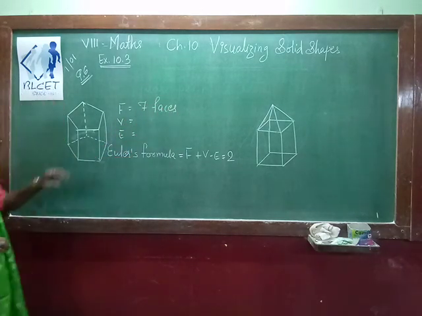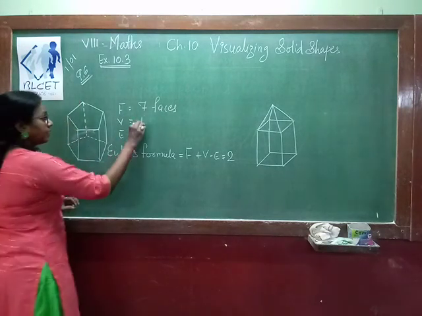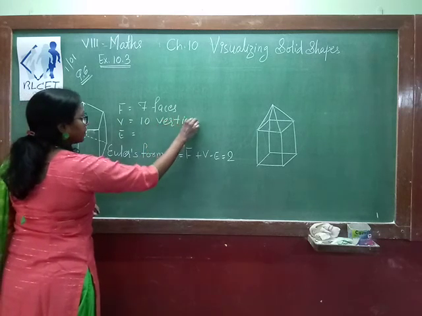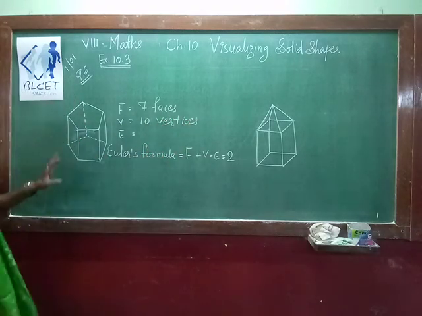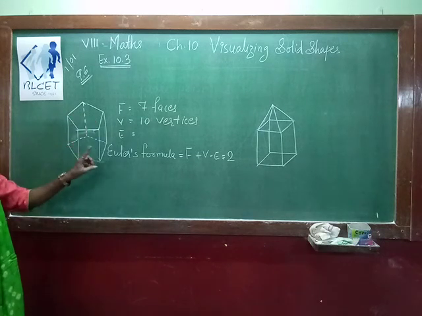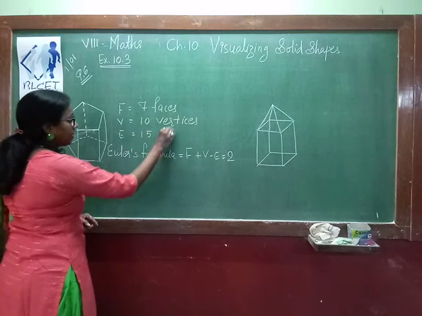How many vertices? 5 upside, 5 downside. So it is 10 vertices. Now how many edges? 5 on top, 5 at the bottom, total 10, and 5 sidewise. So total 15 edges. This way you have to count.